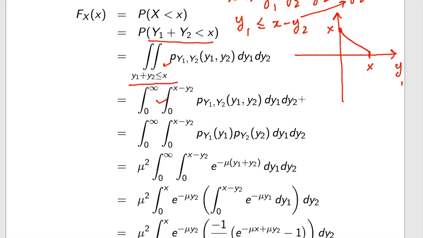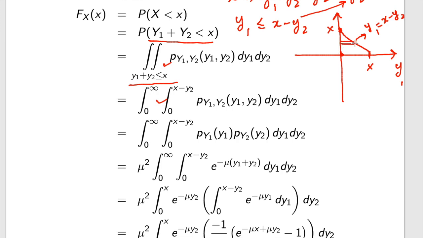Okay, and our slope is -1 here because it's going like this. Okay, so then our limit of Y1 is from 0 to, so this is my Y2, so this is the Y1 equals x minus Y2 line.